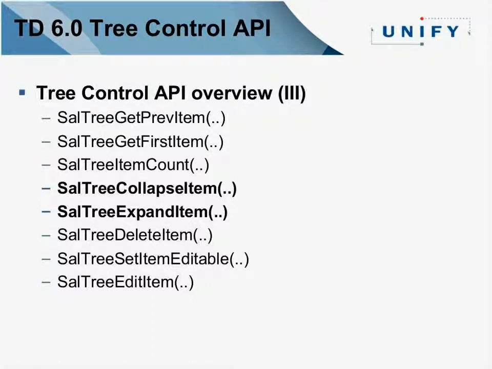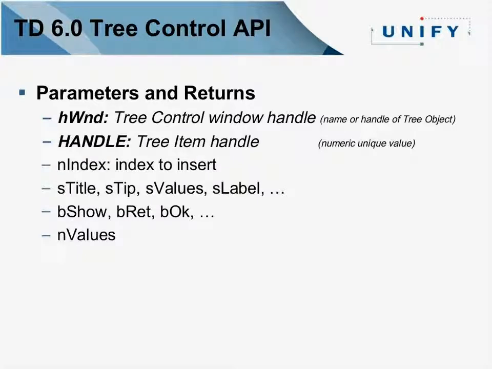It starts with some parameters and return values for the API. In every call, you can find the handle of the tree control item, or better, tree control object. The second one is very important if you want to deal with a special item inside the tree. It's a numeric unique value.